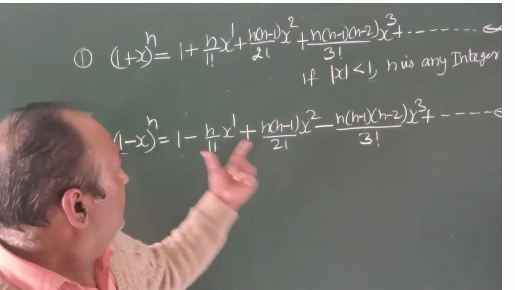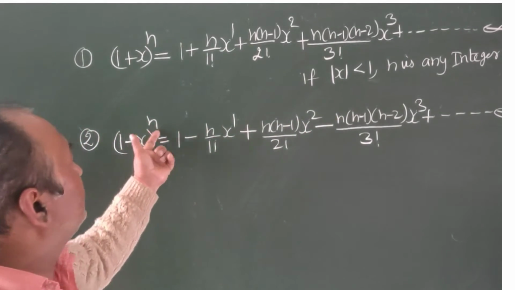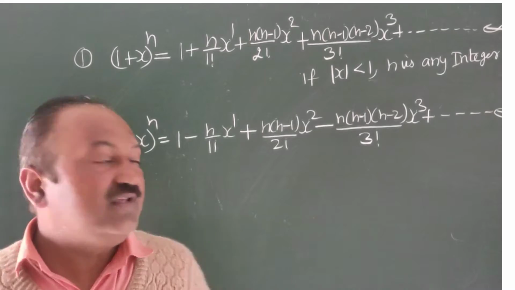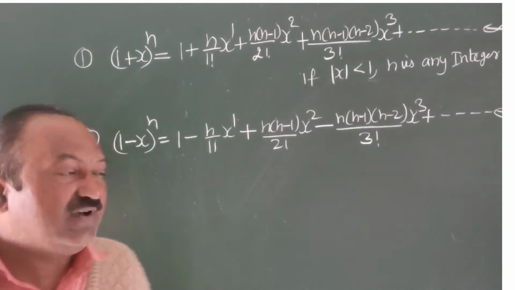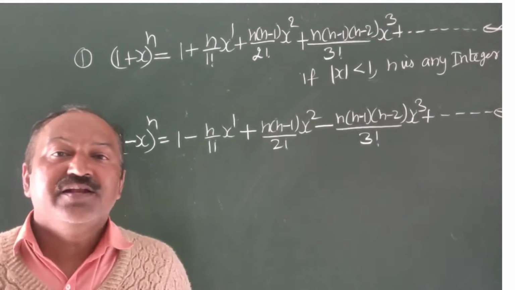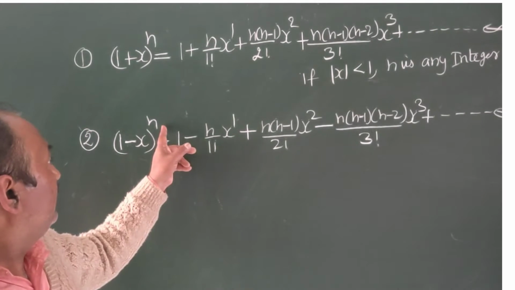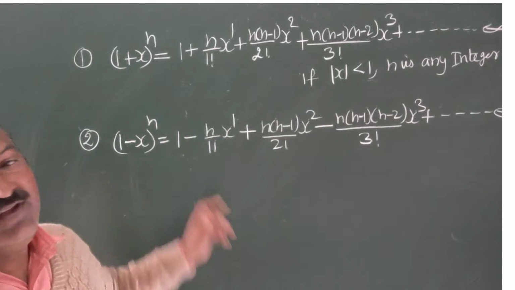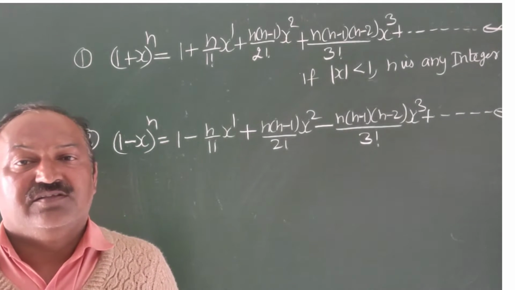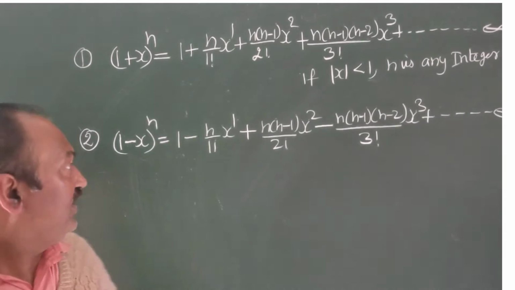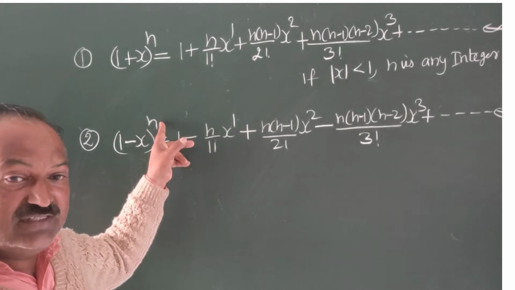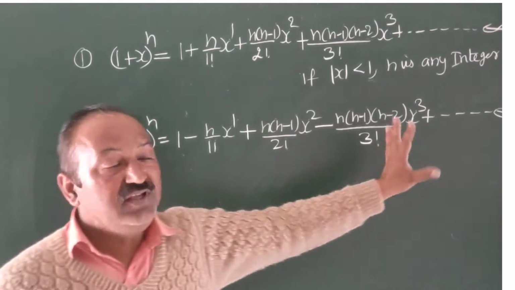So this is the formula for (1 - x)^n, where |x| is less than 1 and n is any negative or fractional number. But if it is a positive integer, then the number of terms will be finite.